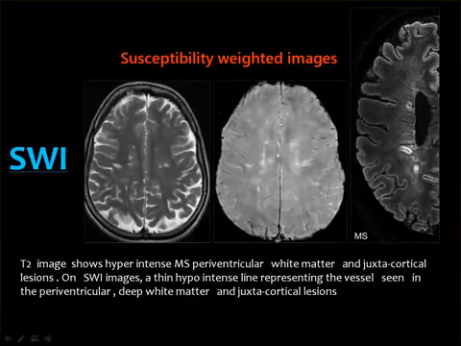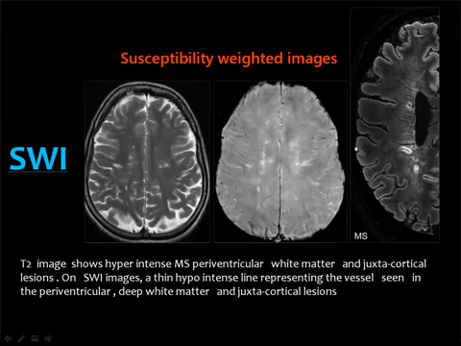Then in the recent literature, they assume that the susceptibility weighted images are helpful to differentiate between bright foci occurring in the periventricular white matter, considering MS and the ischemic lesions.